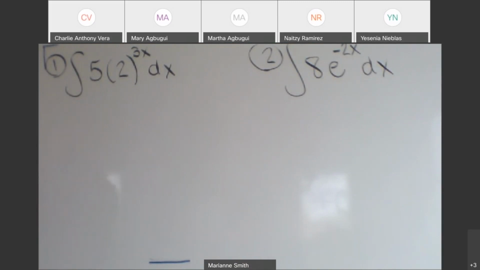First one is the integral of 5 times 2 to the 3x. Second one is 8 times e to the negative 2x. Okay, so I'll leave those up there for a while. I'll see how you do. Again, if you get an answer, type it in the chat the best as you can and use calculator notation.